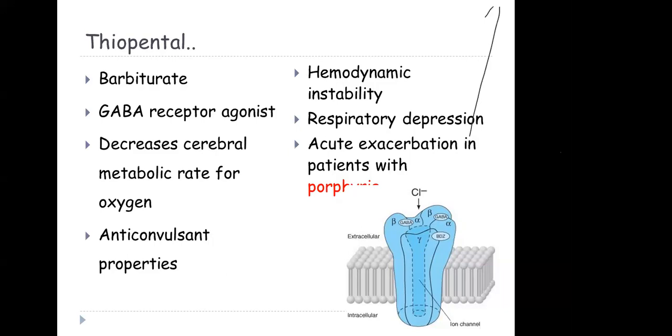You can use it in them, but the challenge is the context sensitive half-life. If you need to do a neurologic evaluation in the mornings, you won't be able to have an accurate one, especially if someone has had a prolonged infusion. Are we clear there? Yes, thank you.